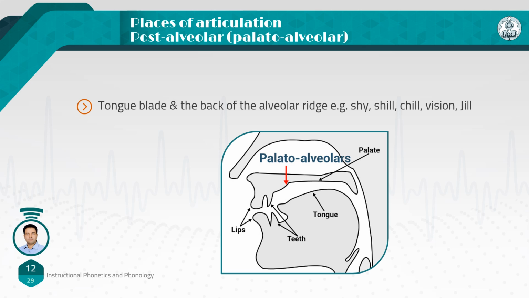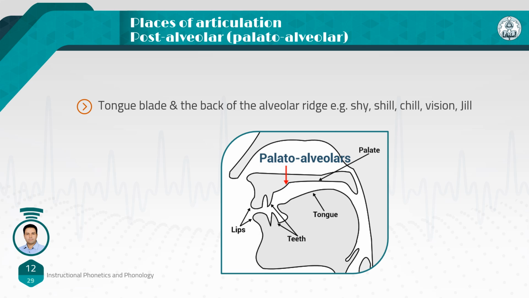In the previous one, for retroflex, we used the tongue tip and back of the alveolar ridge, and the tongue was curled a little bit. But here, for post-alveolar, we use the tongue blade and back of the alveolar ridge.